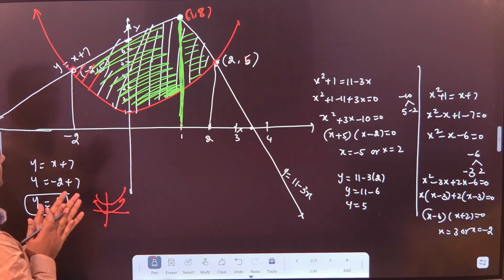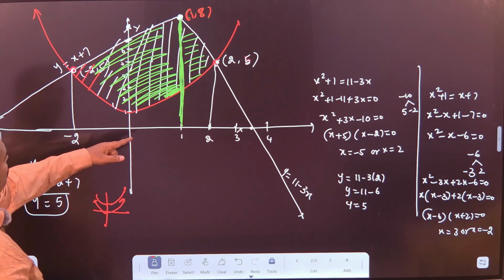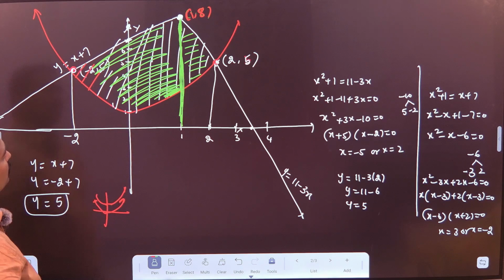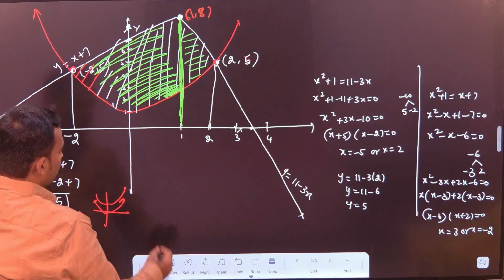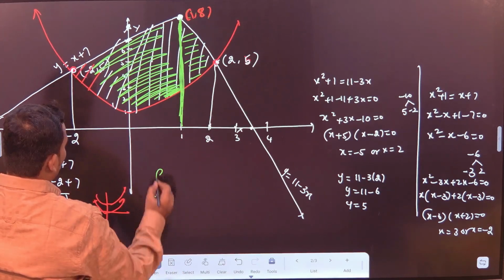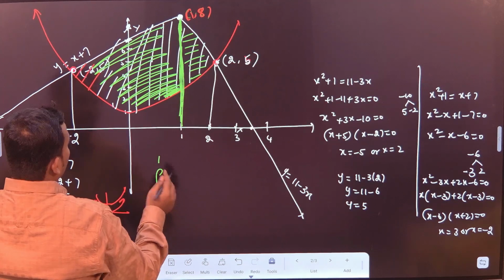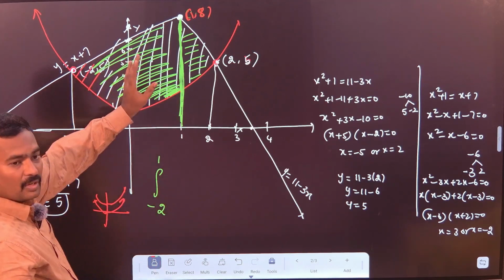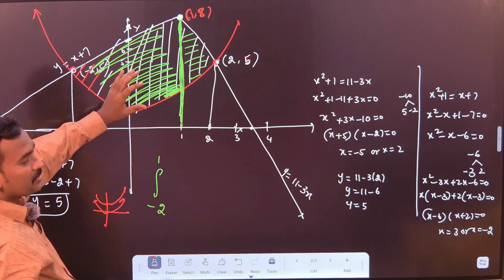Now how to find this? You have to integrate from minus 2 to 1 and then 1 to 2. You can see these kinds of questions, how to find the area under the curve. The area between the curves we need to find out.